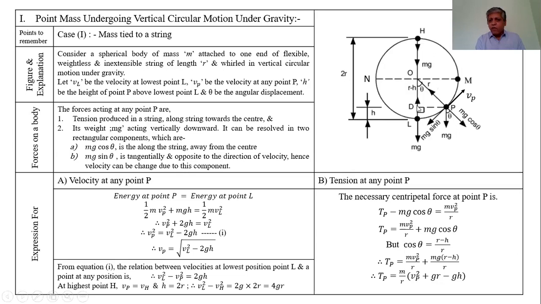From this triangle, cos theta is equal to side OD upon hypotenuse OP, where OD is R minus h and the hypotenuse is R. Therefore, cos theta is equal to (R minus h) upon R. Therefore, Tp is equal to m Vp square upon R plus mg into (R minus h) upon R. So Tp is equal to m upon R into (Vp square plus gR minus gh).